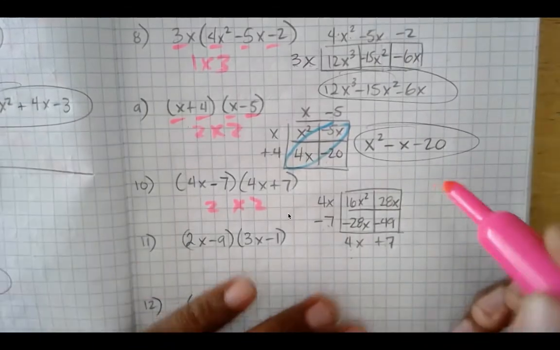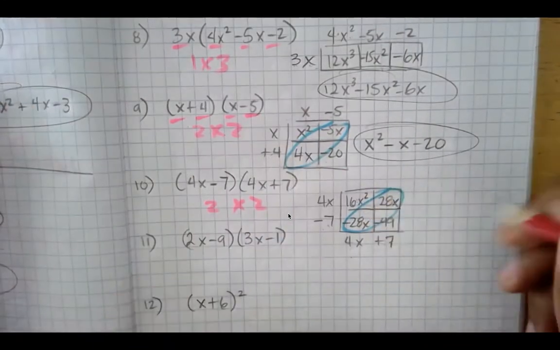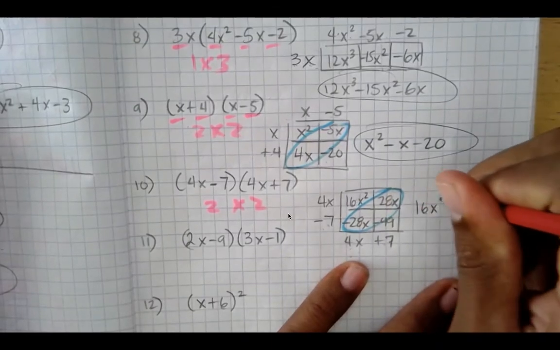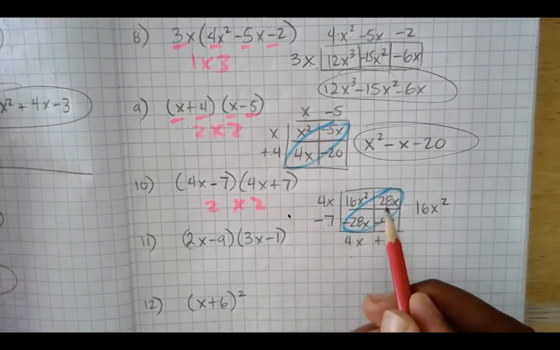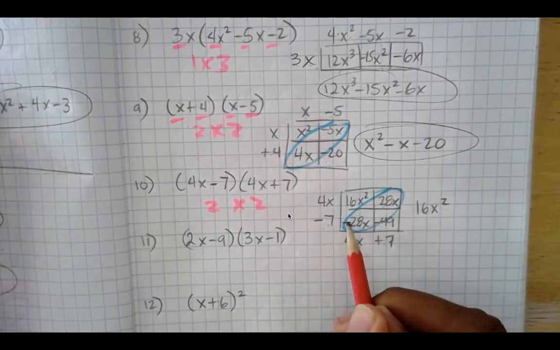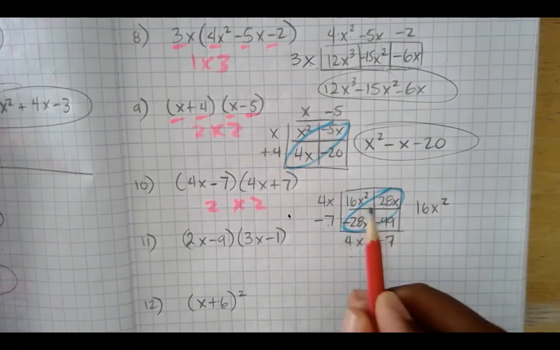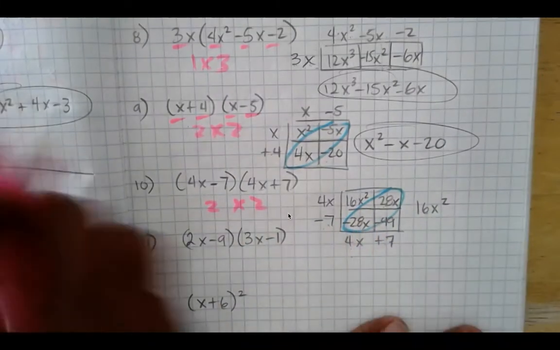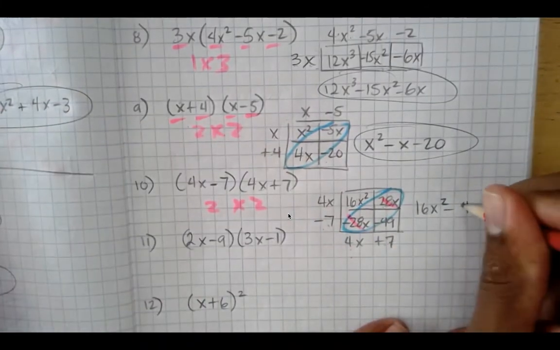All right, so again, we've got some like terms in the middle. We'll start with our highest exponent, which is 16x squared. And now I want you to notice that this is negative 28 plus 28, which is 0. So that won't be written there. I don't need to include that. That will actually cancel itself out. Okay, so then I just have minus 49.